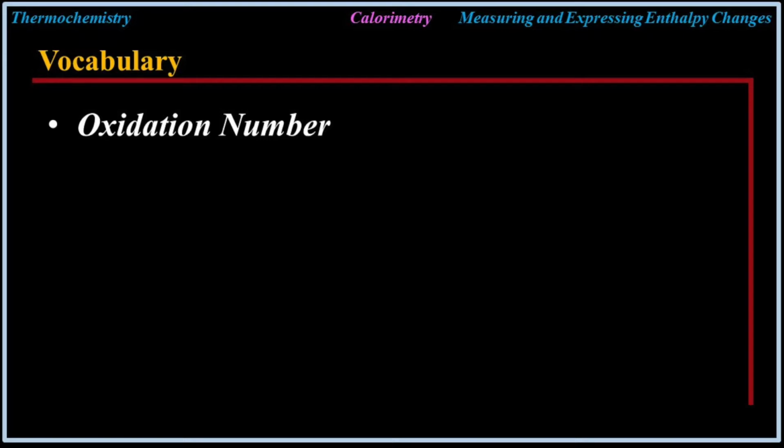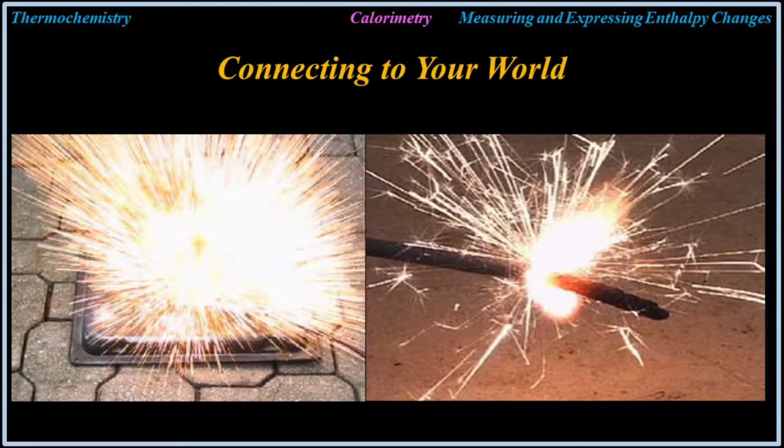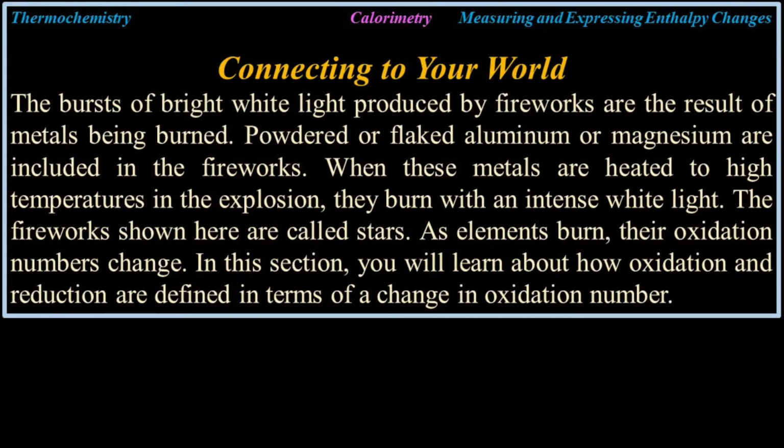Vocabulary: oxidation number. Connecting to your world. The bursts of bright white light produced by fireworks are the result of metals being burned. Powdered or flaked aluminum or magnesium are included in the fireworks.